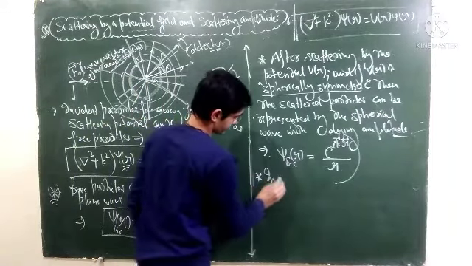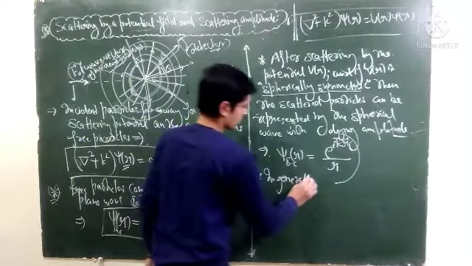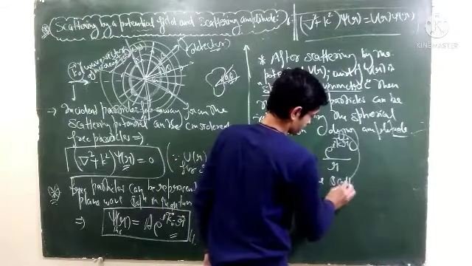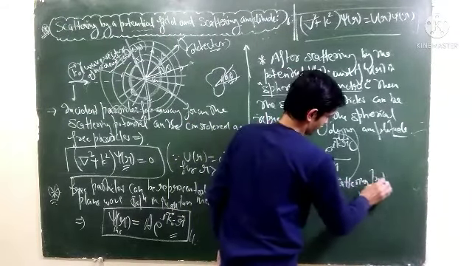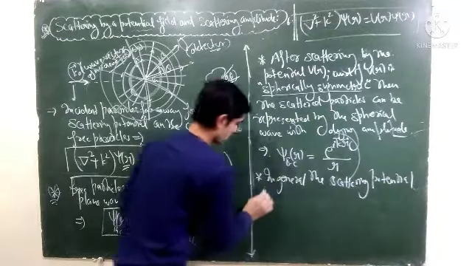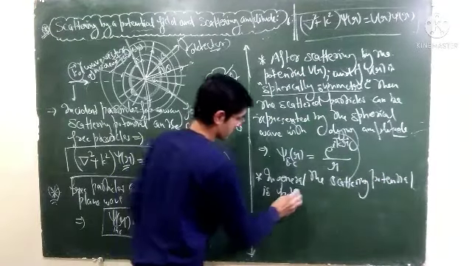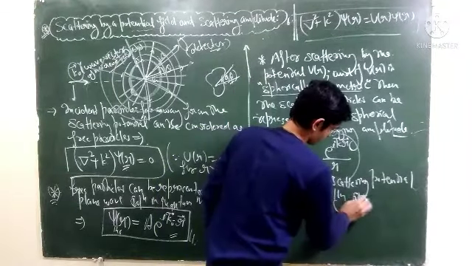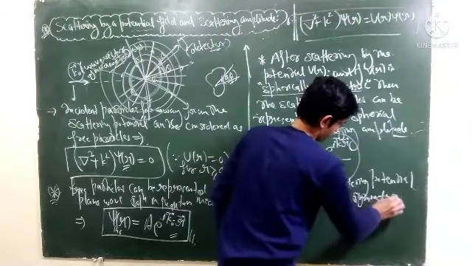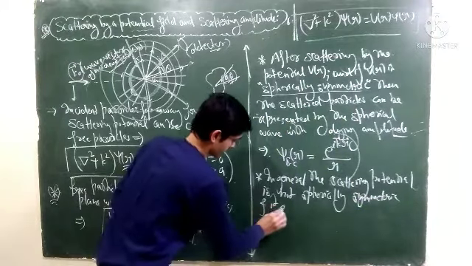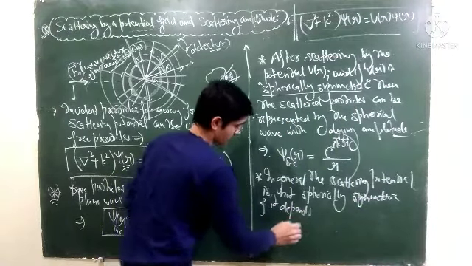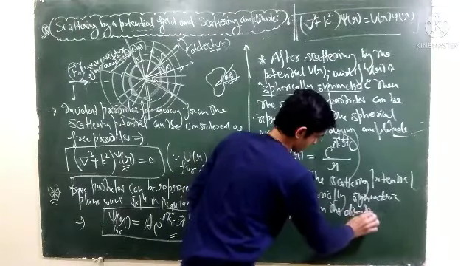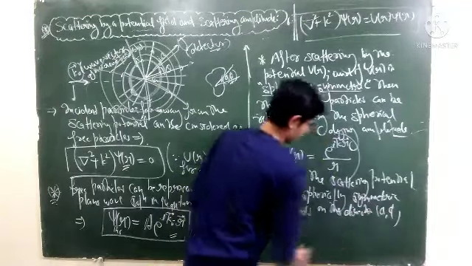So in general, the scatterer or the scattering potential is not spherically symmetric, right? And it depends on the direction theta and phi.